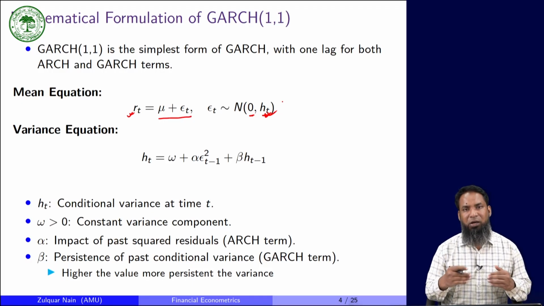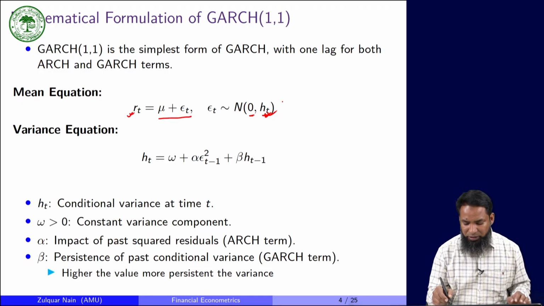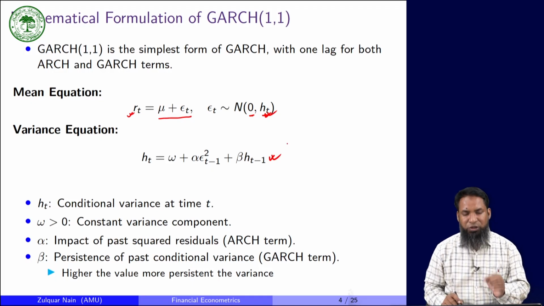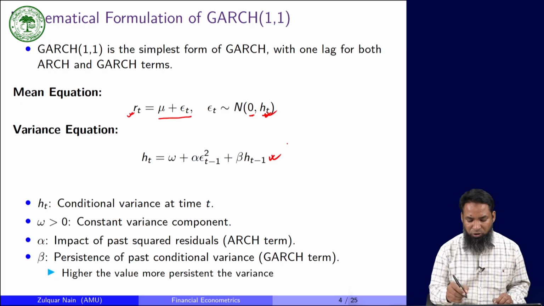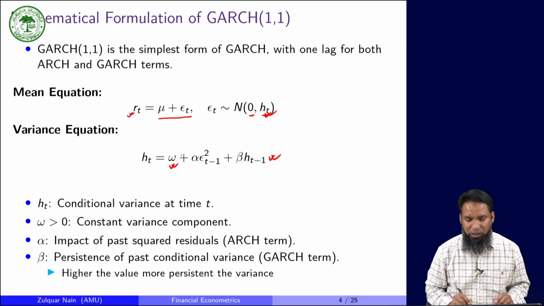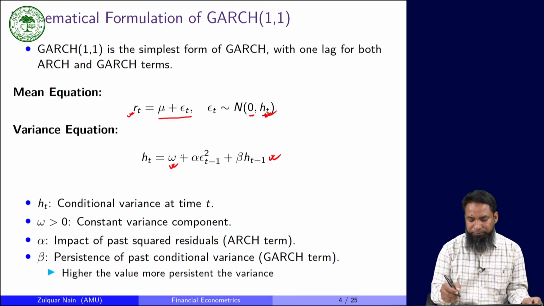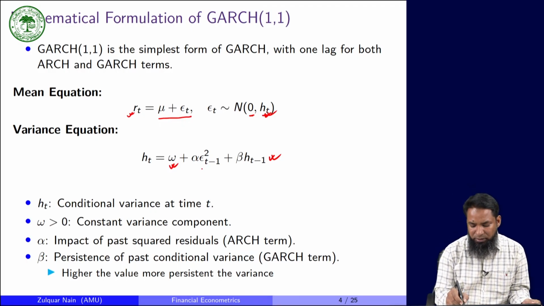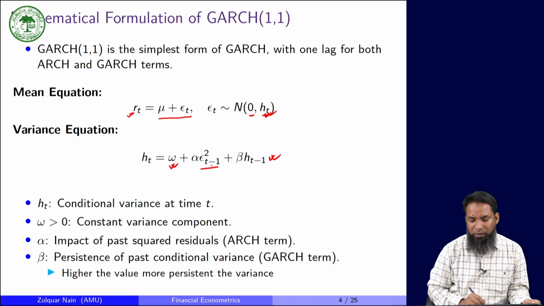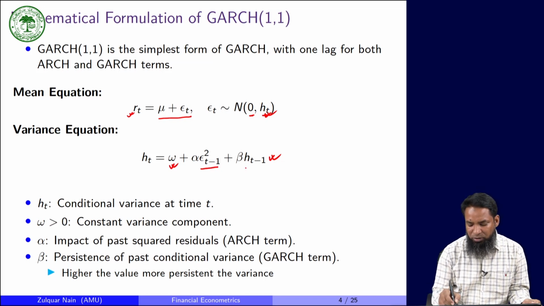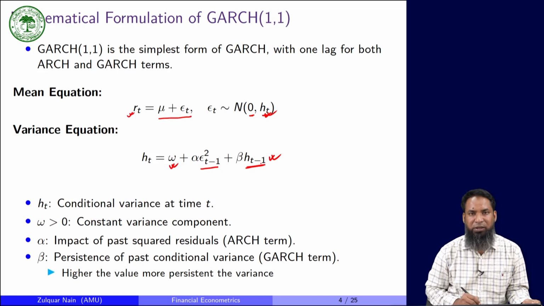How the variance evolves can be represented by the variance equation, where we are assuming that the variance depends on omega, a positive constant, and it also depends on the squared past residual, and on the past value of variance.